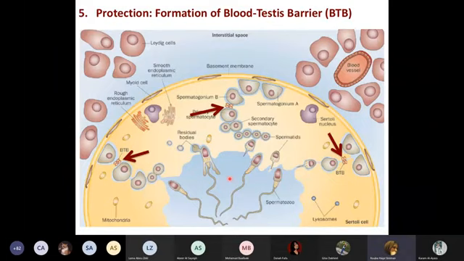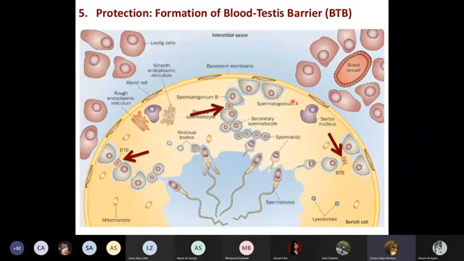Now, how are the molecules controlled? You all know that this big one here is the Sertoli cell. Any molecule that needs to pass from this compartment to reach the lumen needs to pass through the membrane of the Sertoli cells. So this molecule should be highly hydrophobic, like steroids, for example.